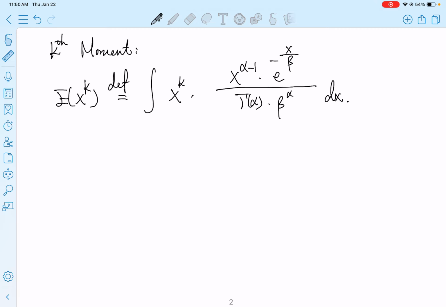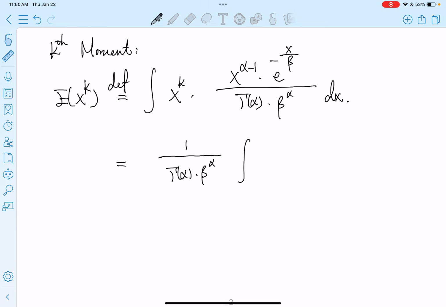Now let's see how we can simplify to evaluate this integral. First, let's bring the constant that does not involve x outside the integral. The things that do not involve x are the normalizing constant. That is just a constant that does not involve x.